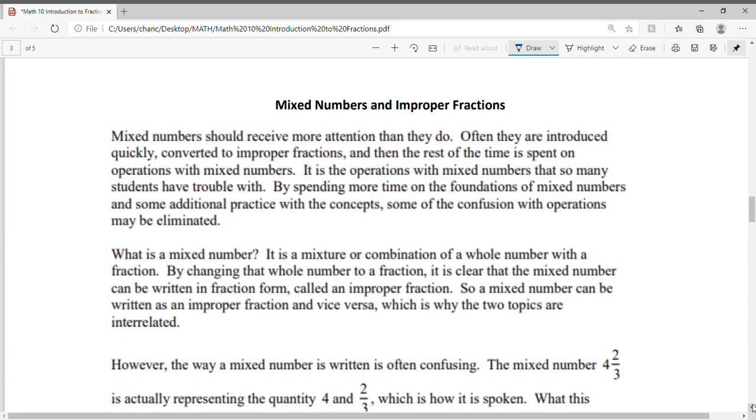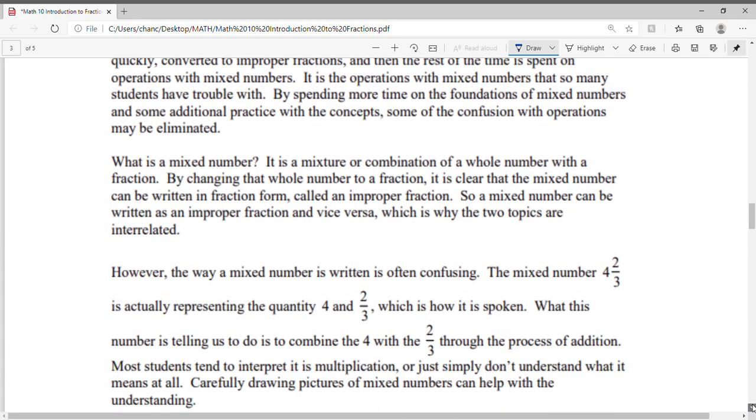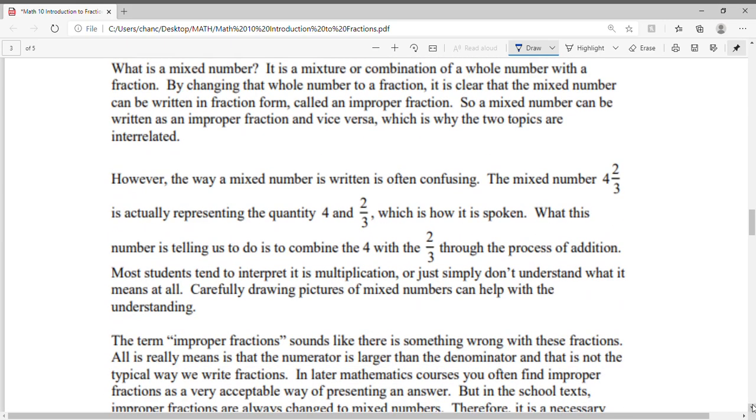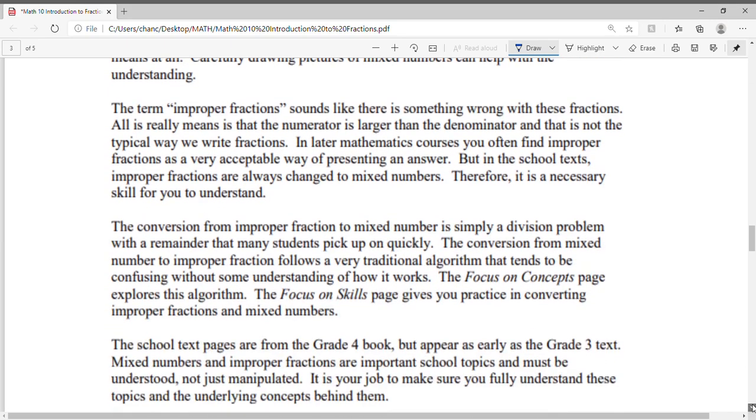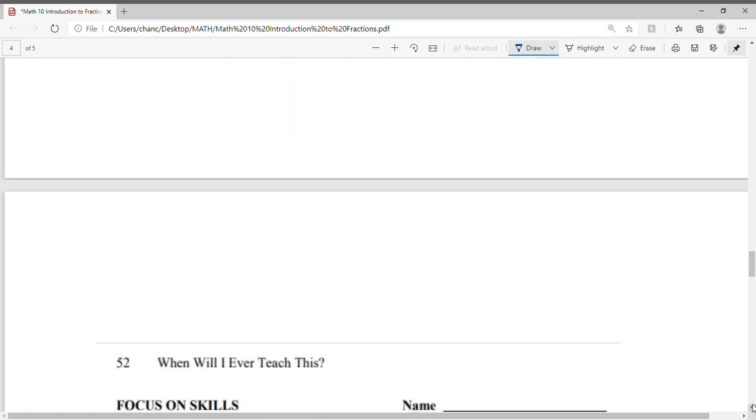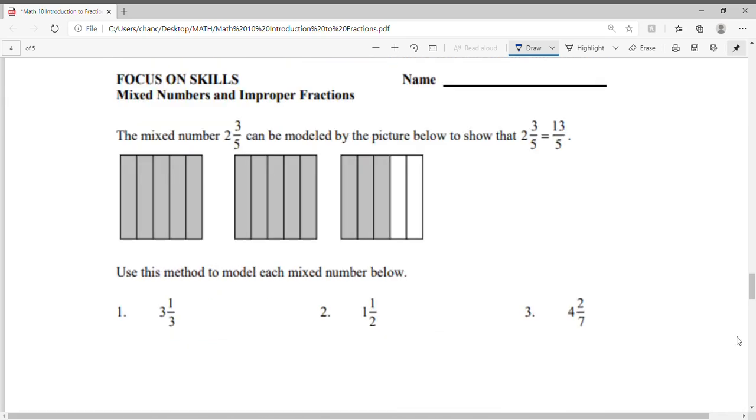Again, we have another couple paragraphs that you should read on your own to get a general idea of the concept of fractions. In this case, we're talking about a mixed number. So we have 2 whole pieces added together and 3/5 of a piece. This represents 2 3/5.